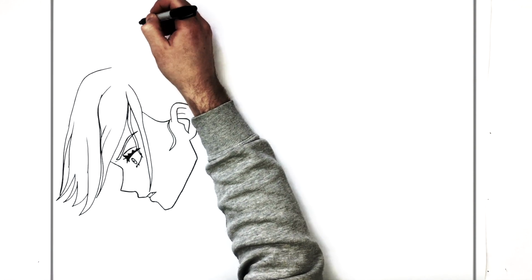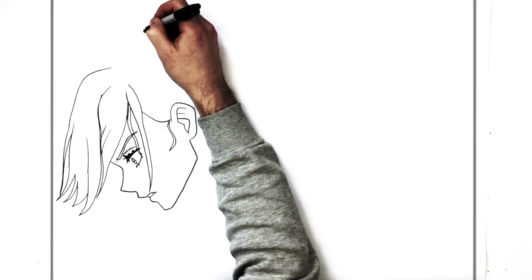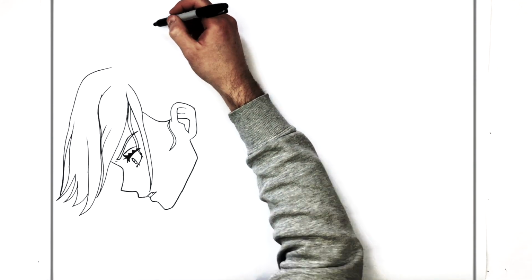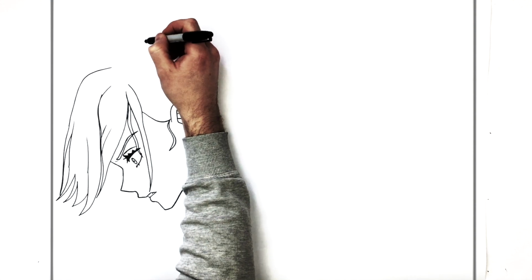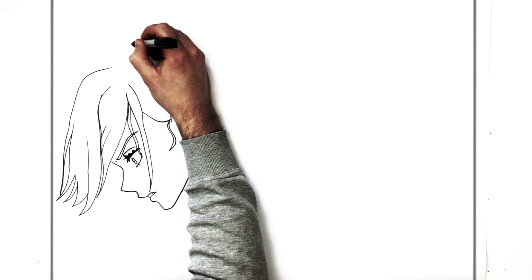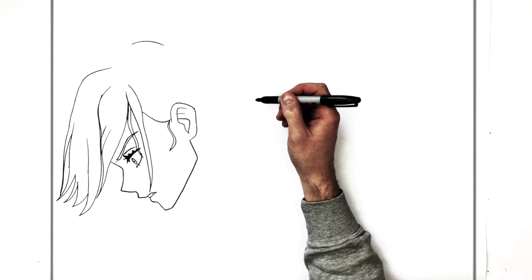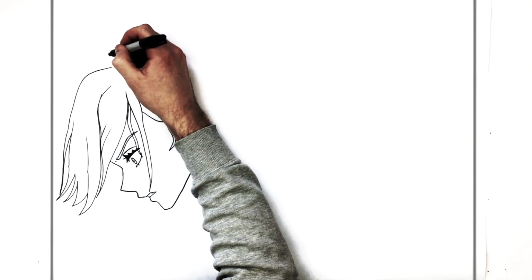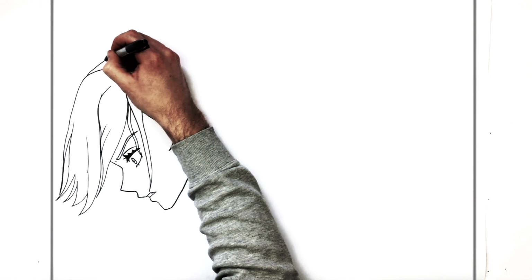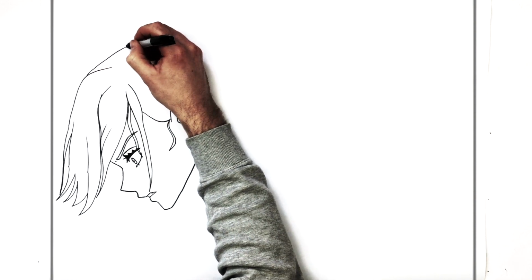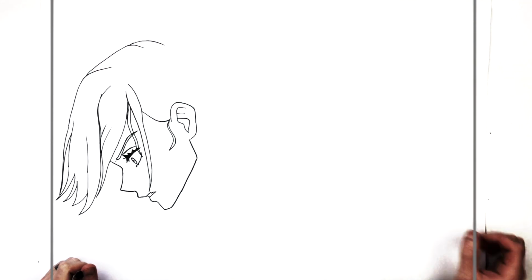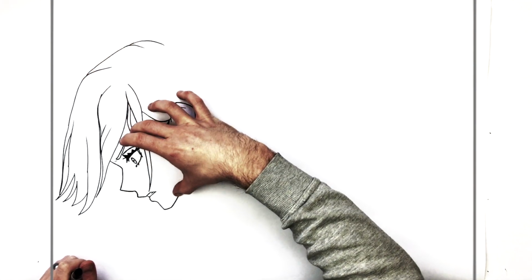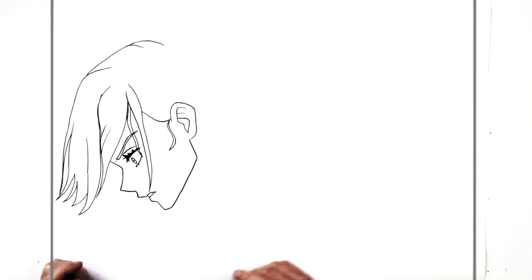And then the top of her head, so let's see, top of her head, let's aim for here, okay? And then we'll bring this up, down, right? Okay, so roughly eyebrow to top of the head is about the same as eyebrow to bottom of the face.